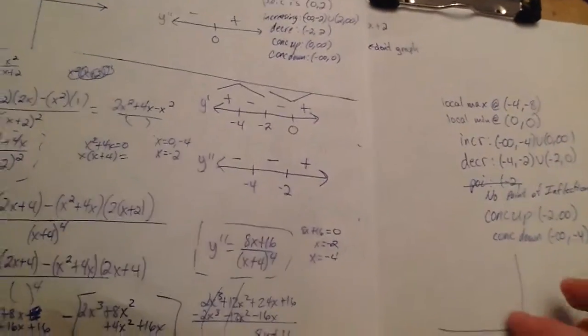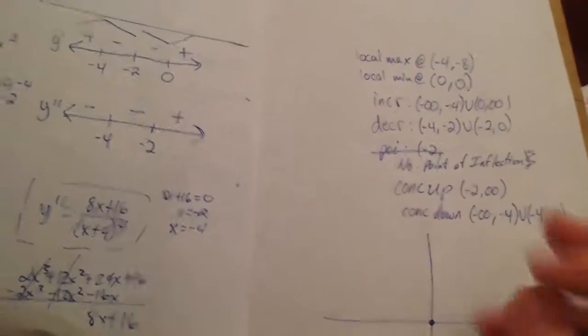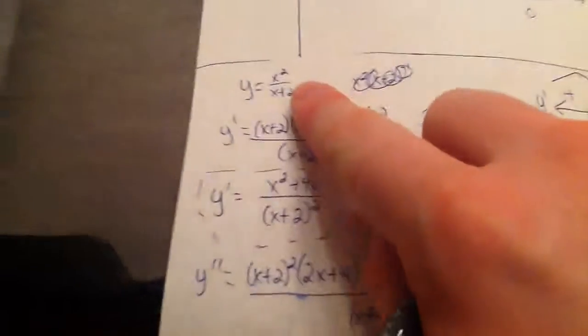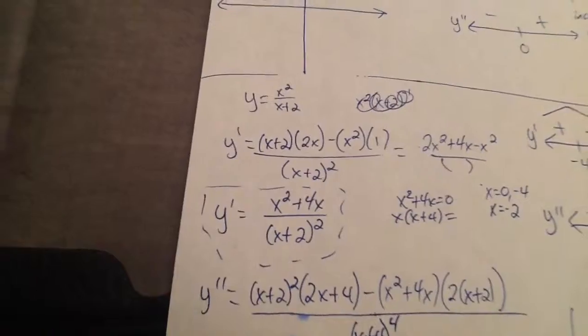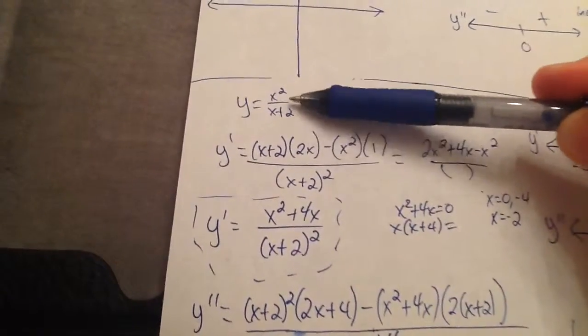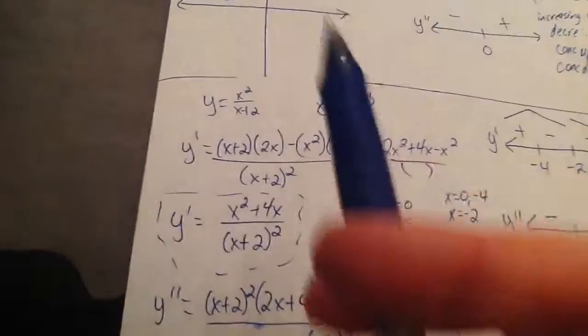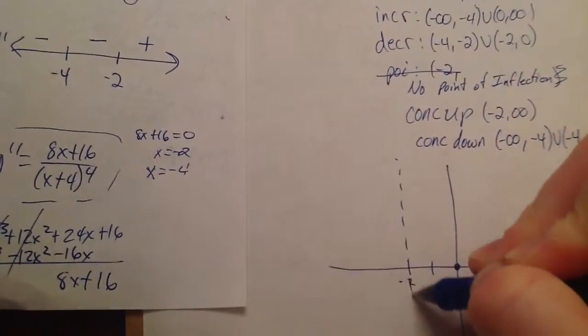Let's see, y-intercept, plug in 0 for x. Oh, it's 0. Right, 0 over 0. At -2, the original function doesn't exist. You should remember, if the bottom's 0 in the original, that's where the vertical asymptotes are. So at -2, there's a vertical asymptote.